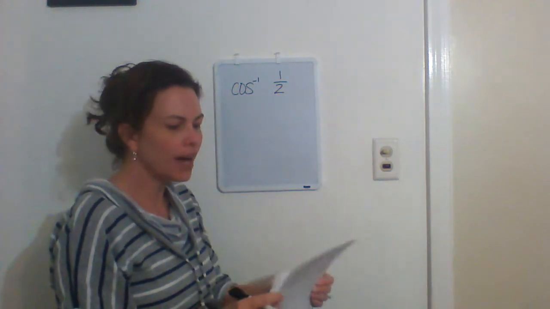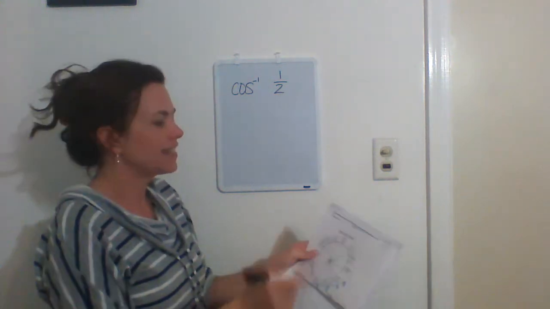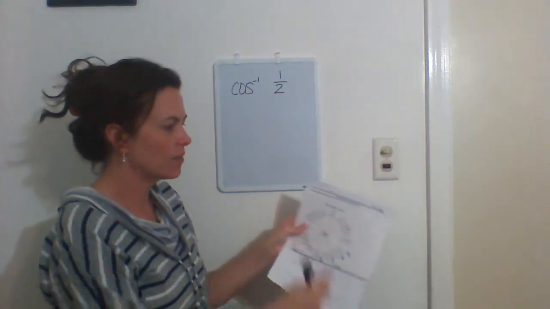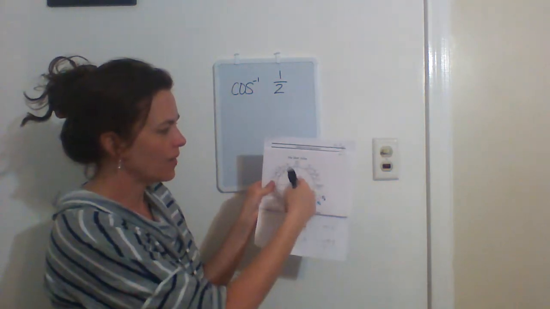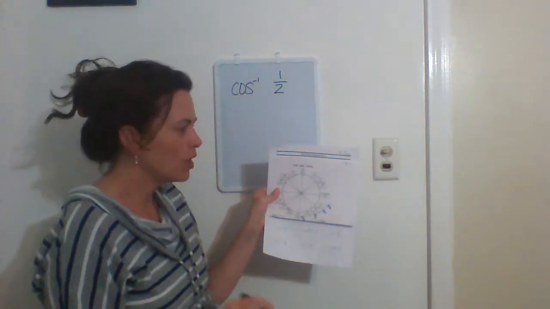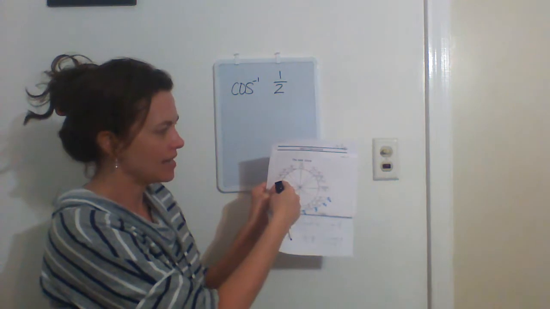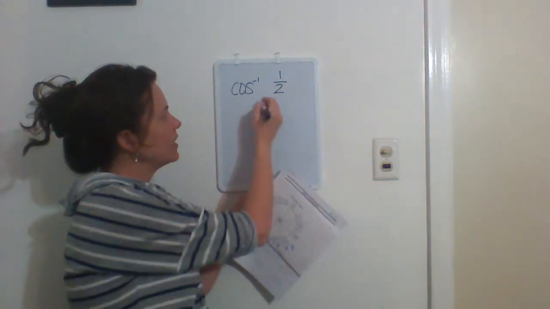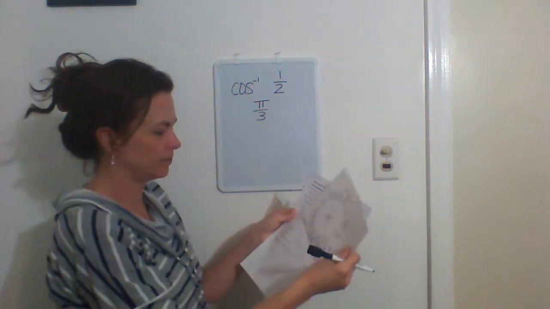And so if I pull out my trusty unit circle, I can see that I've got 2 places where my cosine is 1/2, at pi over 3 and also at 5 pi over 3. But I want it in the primary interval. So that means I'm going to only be going from 0 to pi. So the only answer I'm going to give right there is pi over 3.